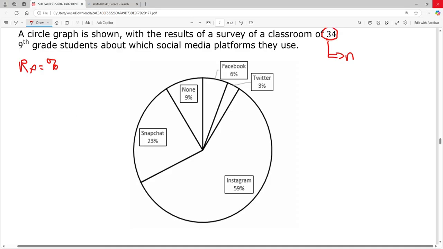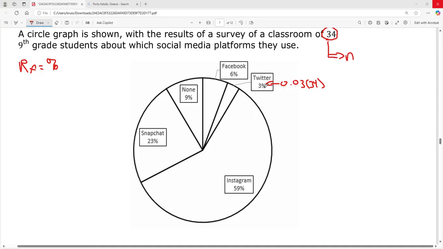It should be nice, easy round numbers because you can't have a third of a person. So for Twitter, 3%, that's 0.03 times 34, because that is the percentage times the number. So 0.03 times 34 is 1.